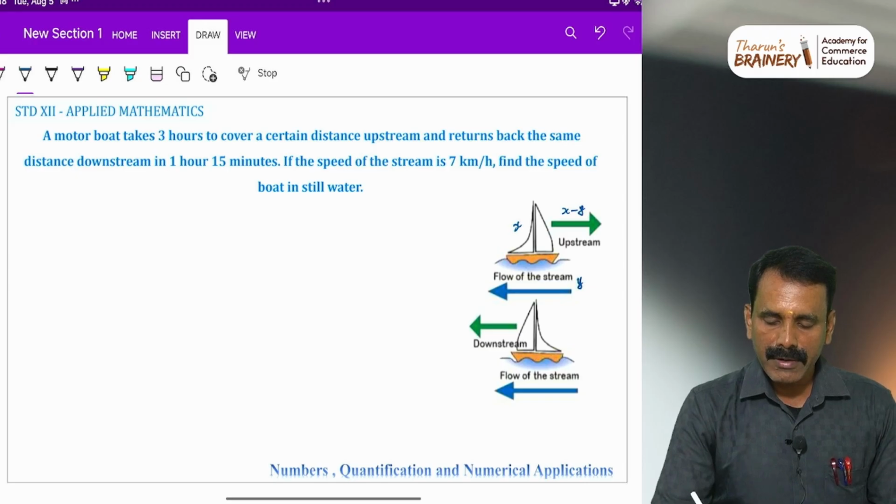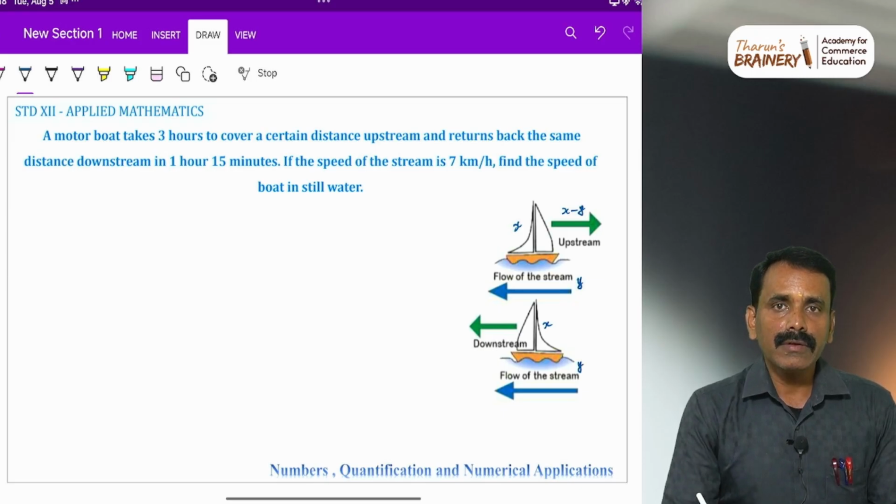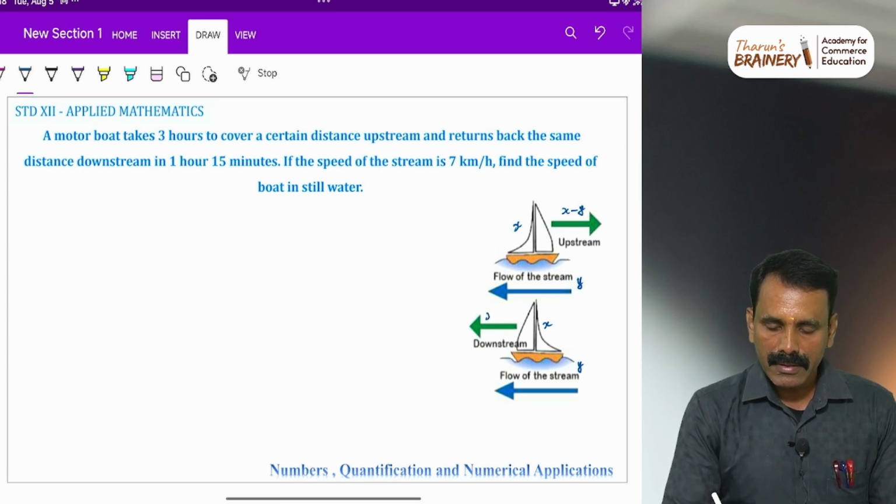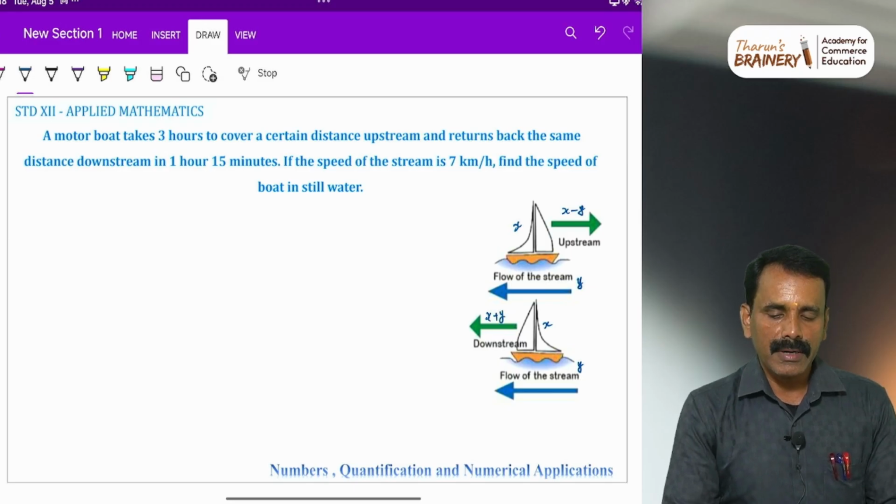And for downstream it is going to travel along the flow of the water, so the boat travels a little bit faster and the speed is given to be x plus y. All the values are in km per hour.